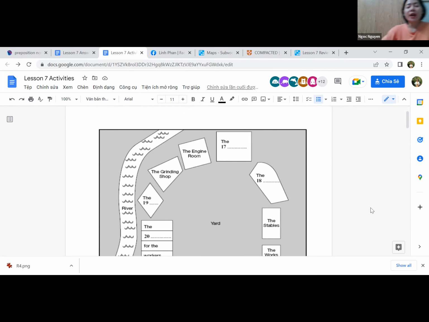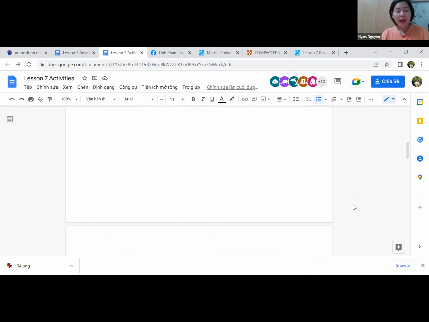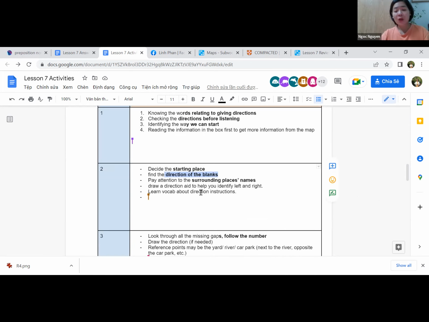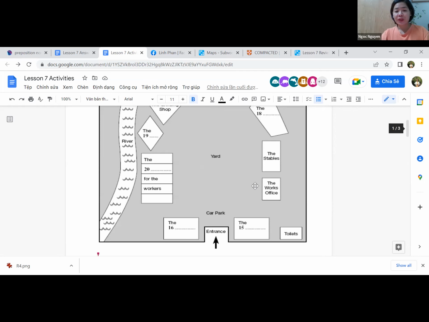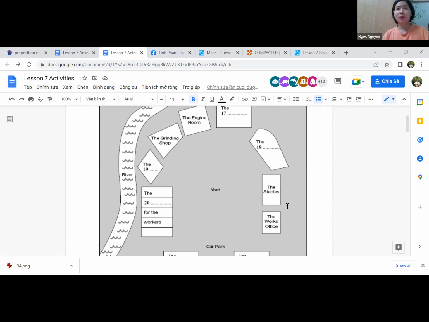Exactly. Thank you, Minh Ngọc. And it's also closely related to strategy number 3, the names of the given places on the map. Imagine that the first time you go to a place, everything is unfamiliar.